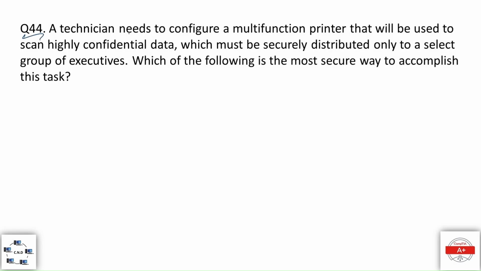Question number 44. A technician needs to configure a multifunction printer that will be used to scan highly confidential data, which must be securely distributed only to a select group of executives. Which of the following is the most secure way to accomplish this task?